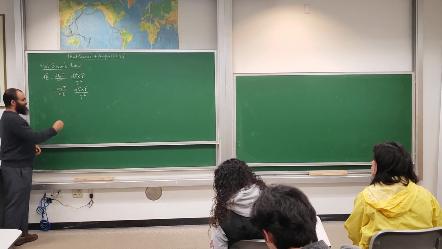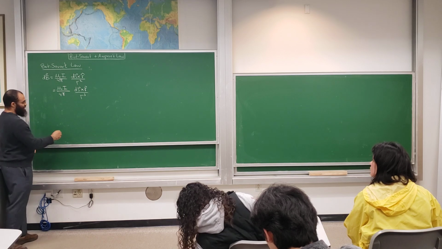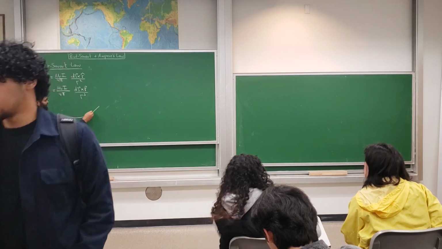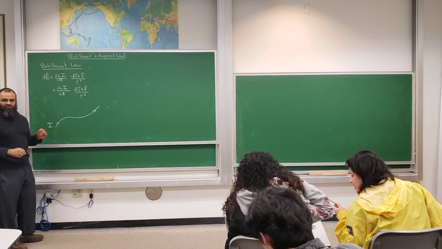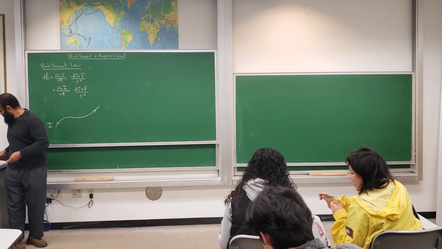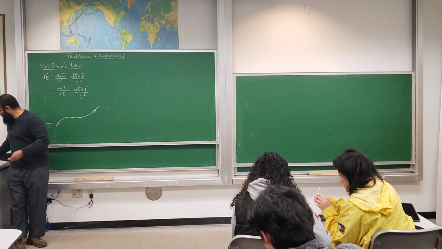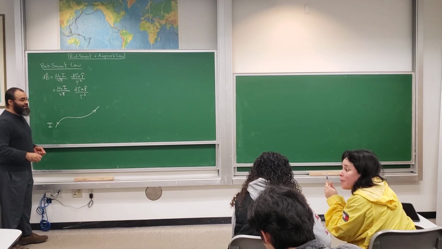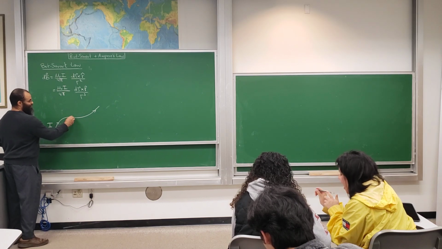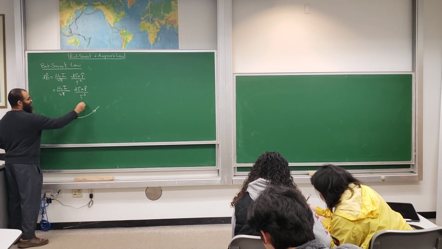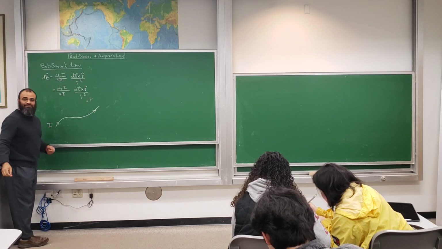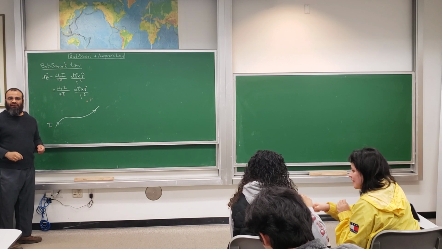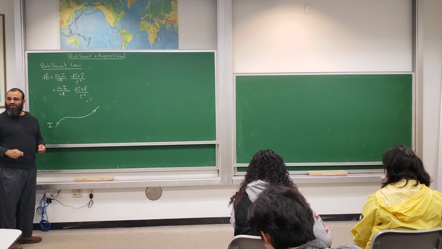It means this. If you have a current, let's say the current is going like this. This is current I, and you're interested in finding the magnetic field at a certain point P. How do I find the magnetic field at this point P?